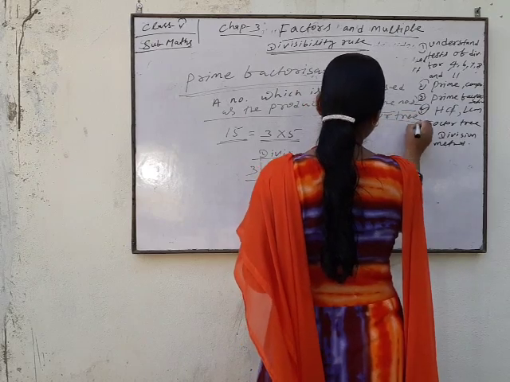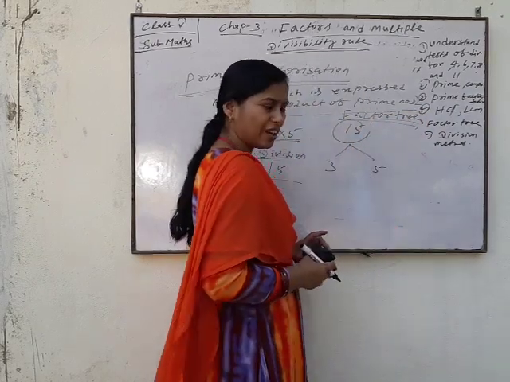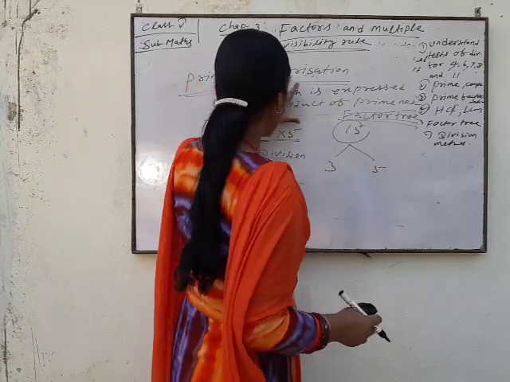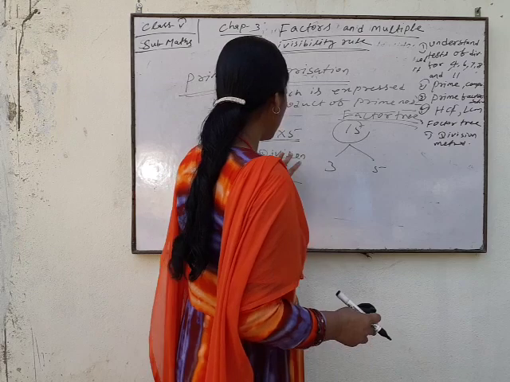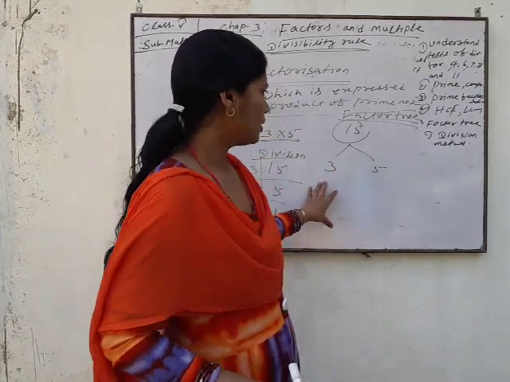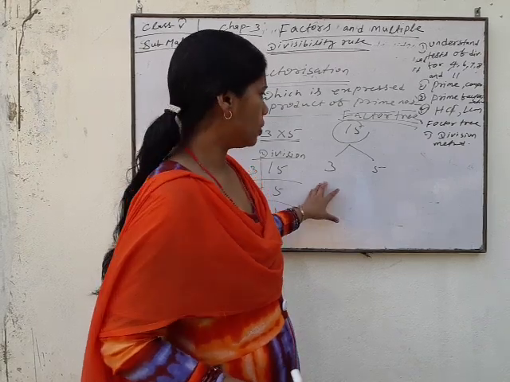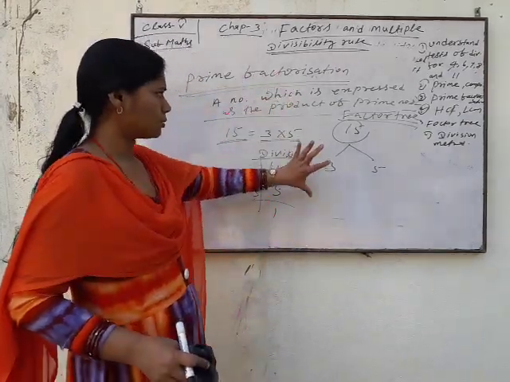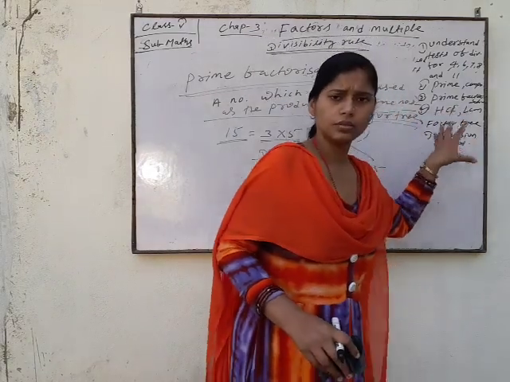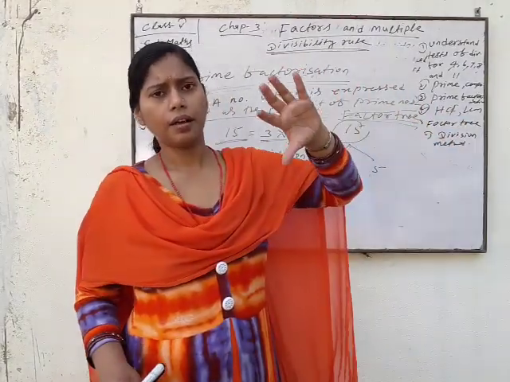So by using these two methods, we can find the prime factorization of a number. And by using prime factorization, we can also find HCF and LCM.